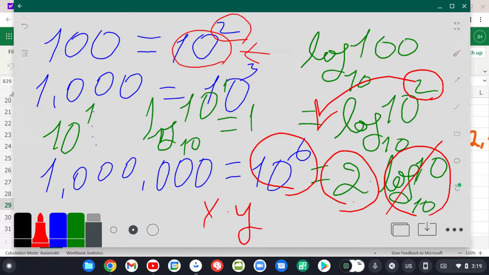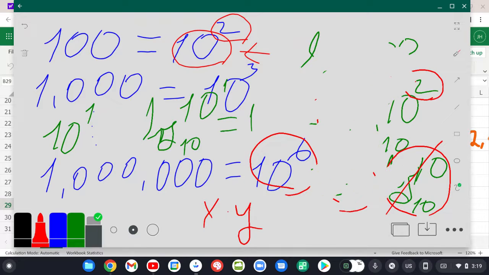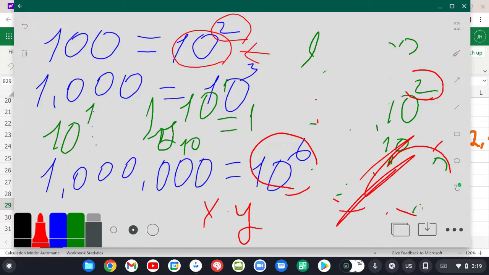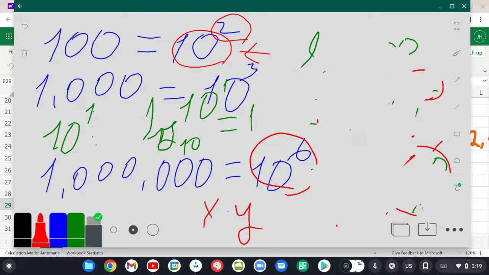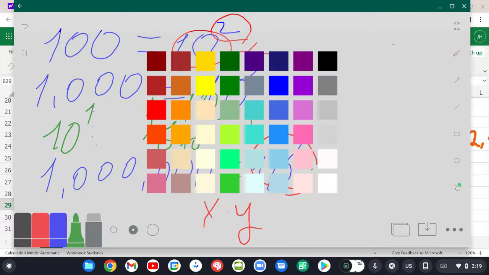Okay, and then we know log of 10 to base 10 is 1, so it just turns to 2. And by the same method, I didn't lift a finger, and still that eraser is gone. That's okay.